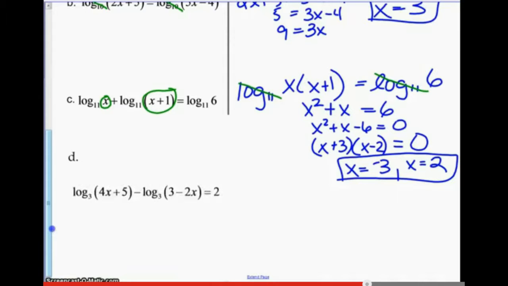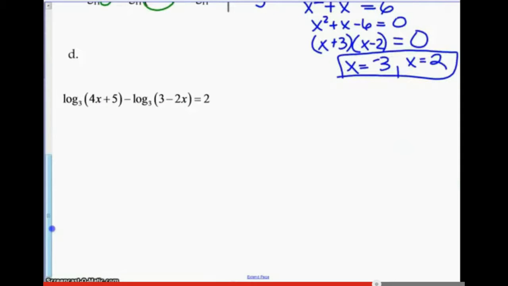Next example here. We have the log base 3 of 4x plus 5 minus the log base 3 of 3 minus 2x, and it equals 2. So now I'm going to change this subtraction into division. I'm going to write it as the log base 3, and then I'm going to have the 4x plus 5 as a numerator, and the 3 minus 2x as my denominator.